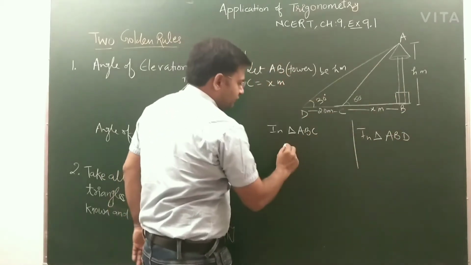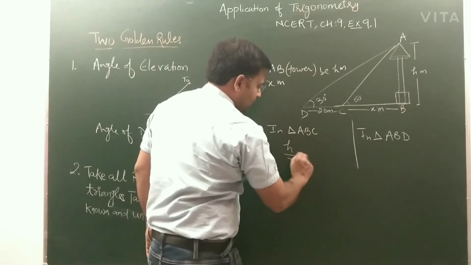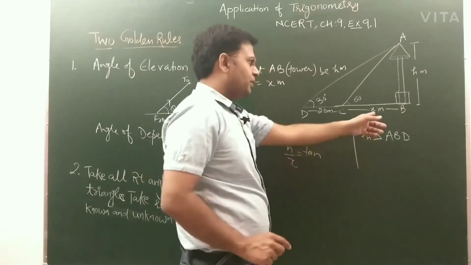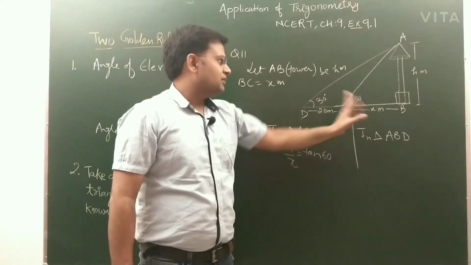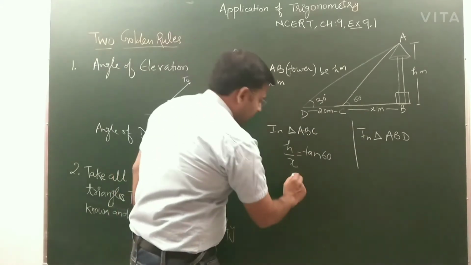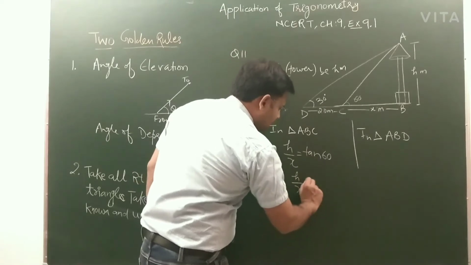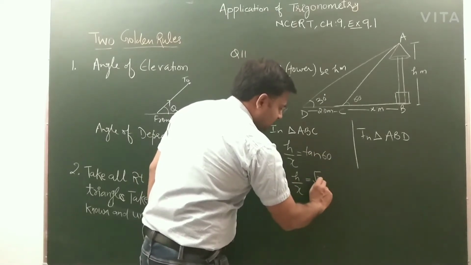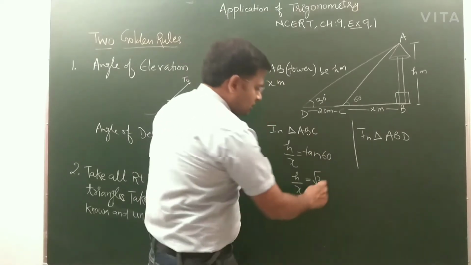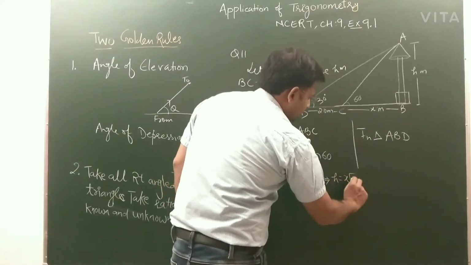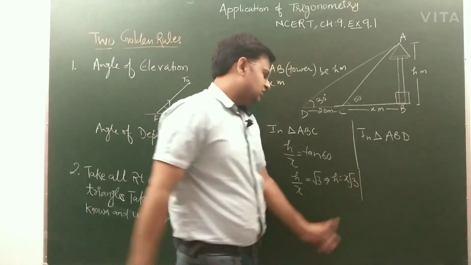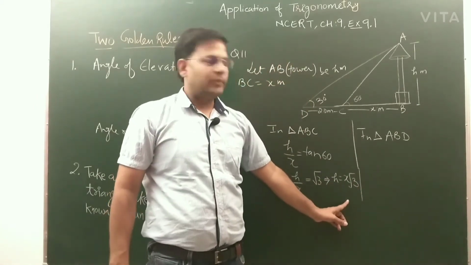So h upon x, perpendicular upon base, is tan theta, and theta is given as 60 degrees. So h upon x equals tan 60, which is root 3. From here you get h as x root 3. So this is the first relation that you have obtained.